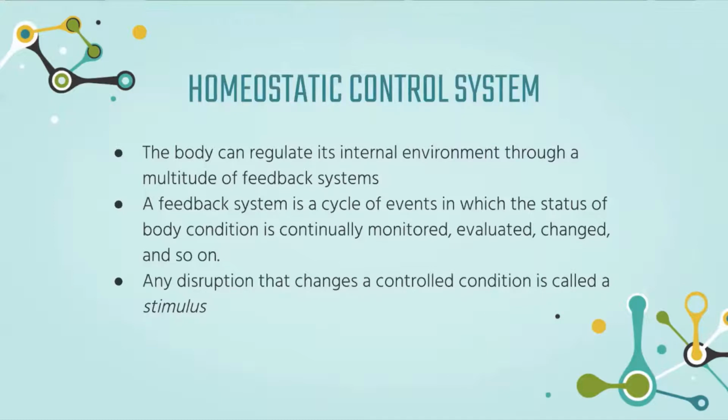So I'll read the second bullet for you, which is a feedback mechanism or system is a cycle of events in which the status of a body condition is continually monitored, evaluated, changed, and so on. And any disruption that changes a controlled condition is called a stimulus.